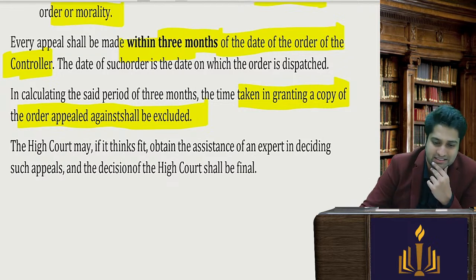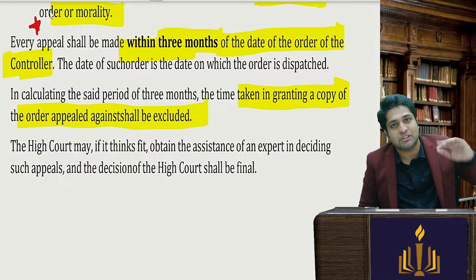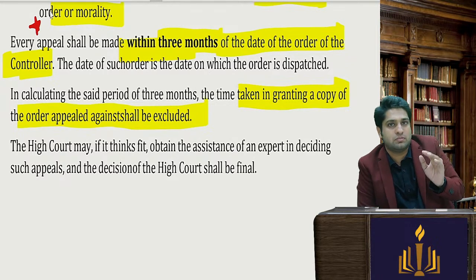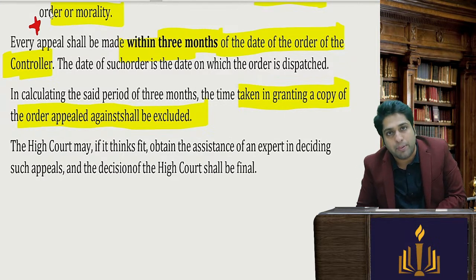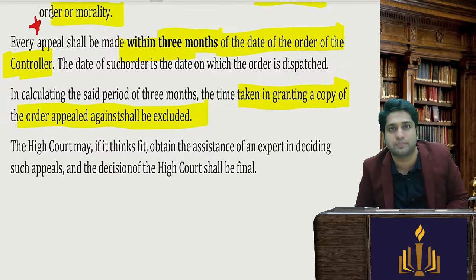Now this is interesting, they can ask you a question. As a law only you should know that within 3 months you have to go in appeal. Right? Now imagine the order was passed today, but the order copy was given to me after let's say 2 days.